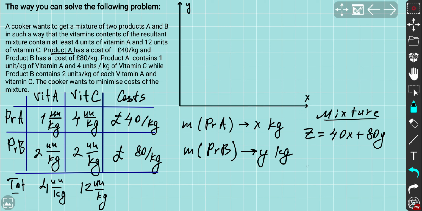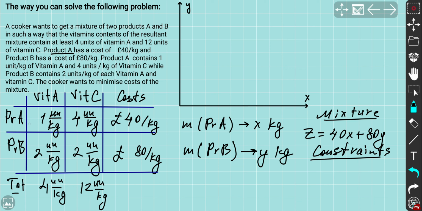Okay, so what about the set of constraints? Let's set up constraints. First of all, vitamin A consumption, at least 4 units.